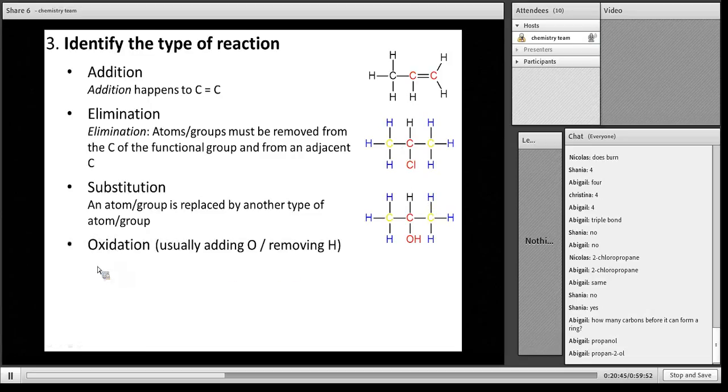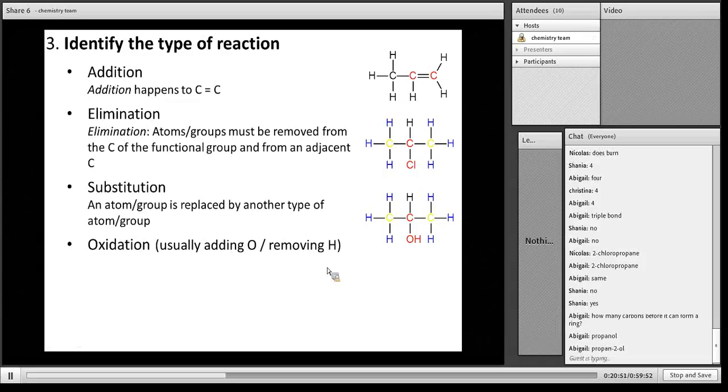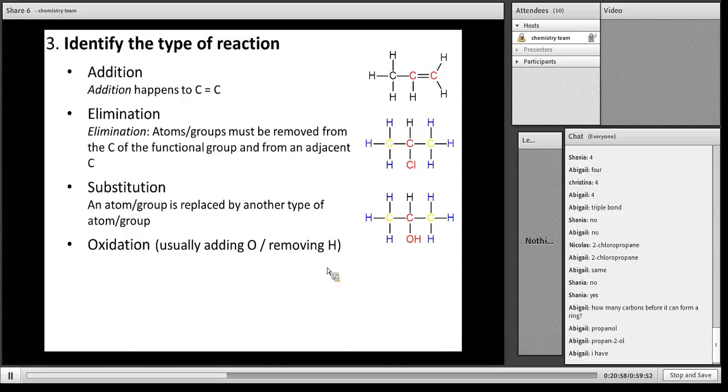Oxidation. Now, who's done redox? The 2071, or you may have done it in school, the redox chemistry. So quite a few of you are typing. Right, great. So now I'm going to say, what is oxidation?